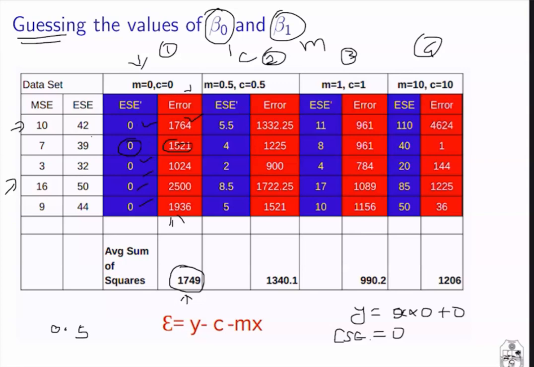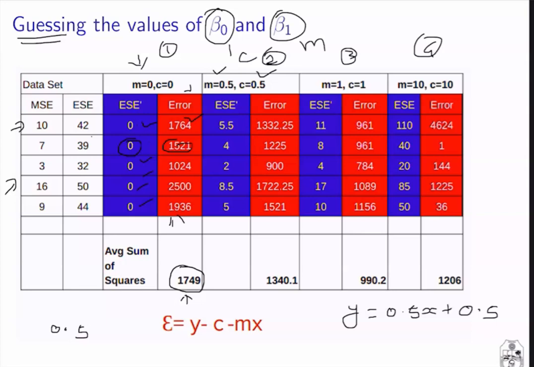Now the earlier value of m is 0, and the new value becomes m equal to 0.5 and c equal to 0.5. So the equation of the line becomes y equal to 0.5x plus c, which is 0.5.